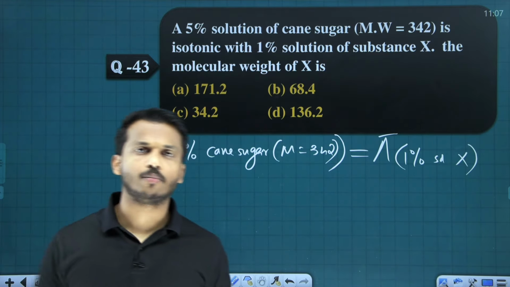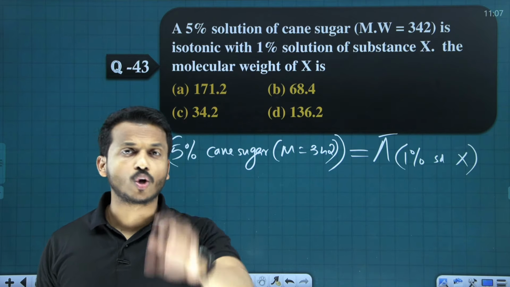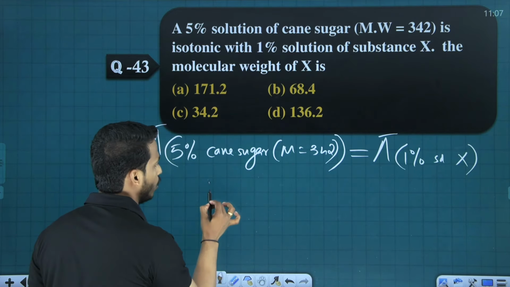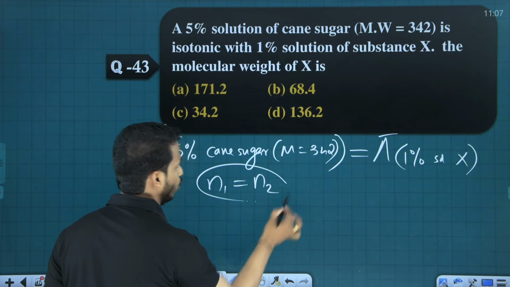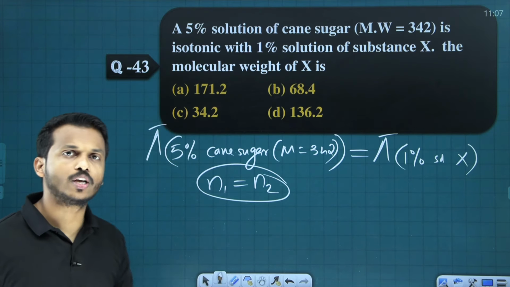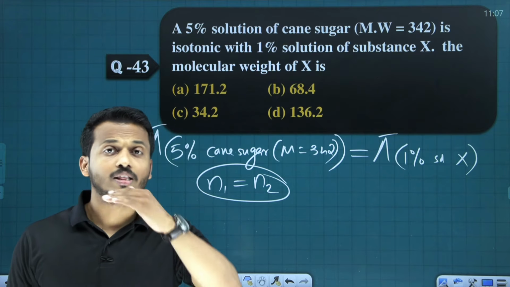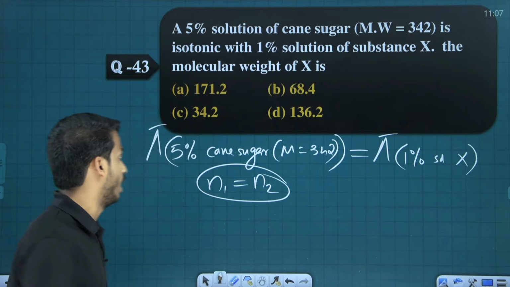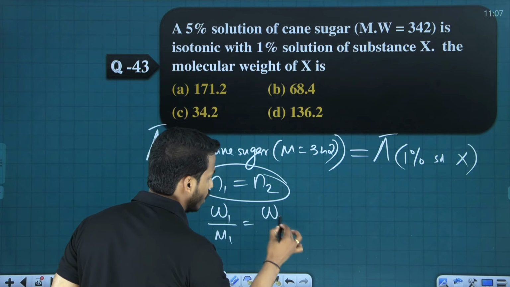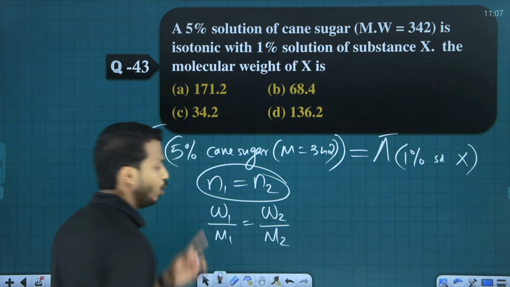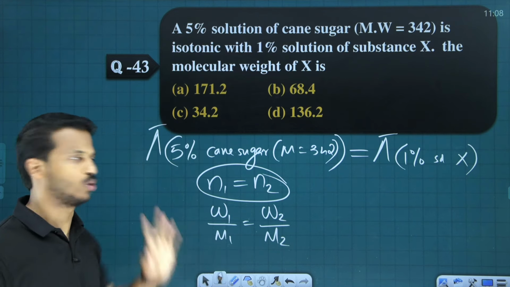Here is a shortcut, a simple idea: for an isotonic solution, we can equate their number of moles. N1 is equal to N2. For isotonic solutions at the same condition, we can equate their number of moles, okay? What is number of moles? Given mass by molar mass. Use this direct equation if it is isotonic.